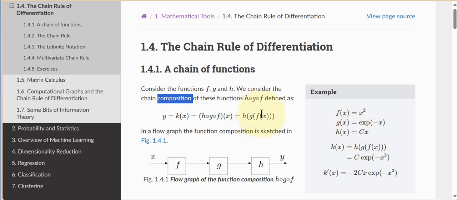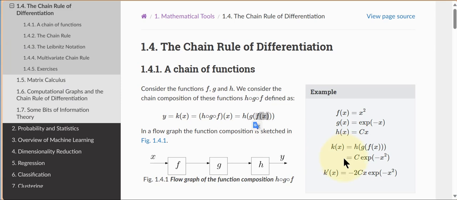But now, instead of putting in x, we're putting in f. So it's e to the f. But what is f? f is x squared, so it's e to the x squared. Then we take that and put it into this function, which just multiplies whatever we put into it by c. So we get c e to the minus x squared.